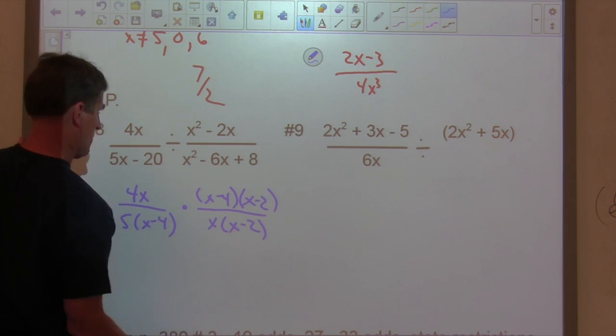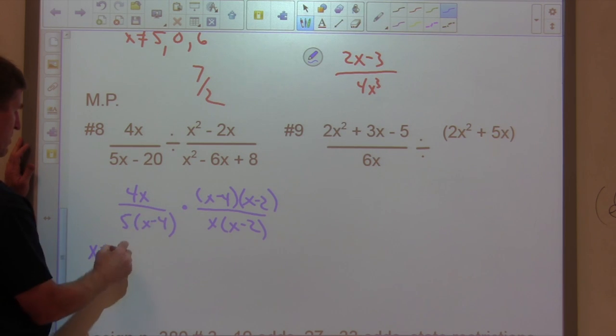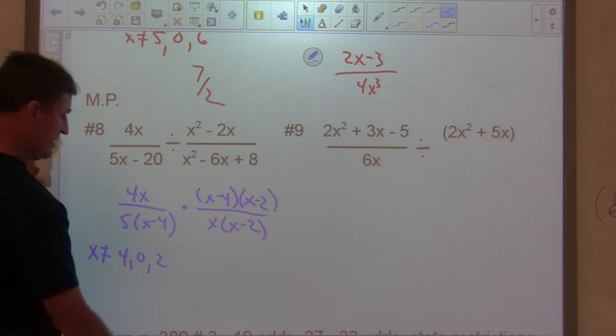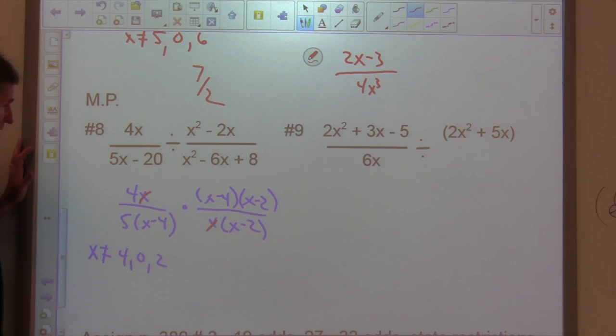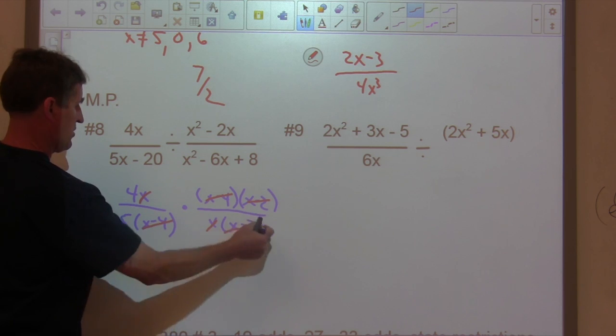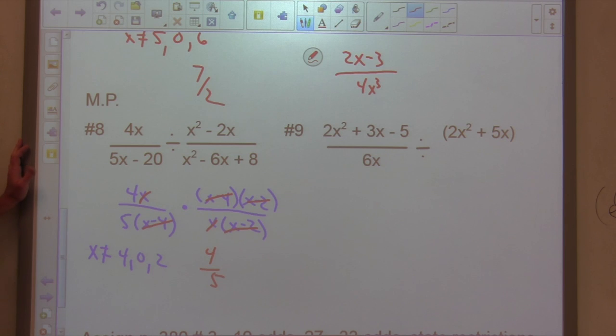Our restrictions would be x cannot equal 4, 0, and 2. And then we're going to cancel. I've got an x I can cancel. I've got an x minus 4 I can cancel. I've got an x minus 2 I can cancel. And so you should have gotten 4/5.